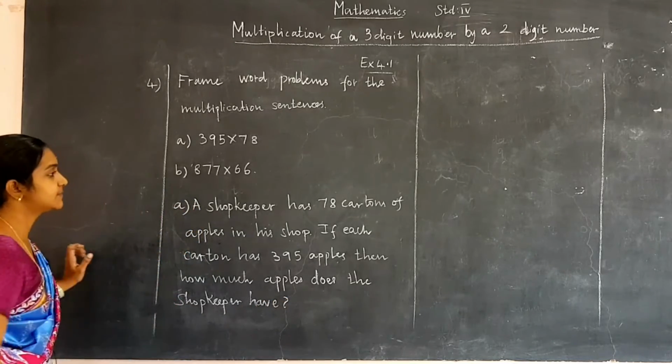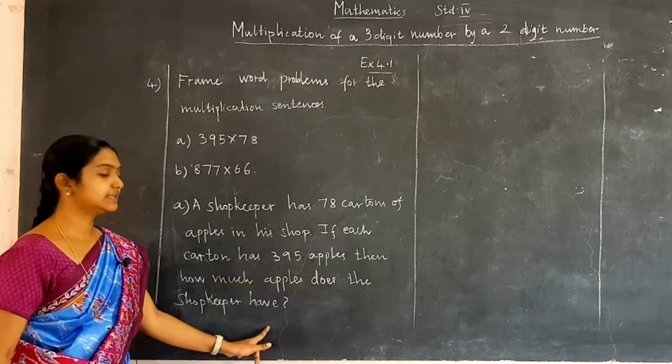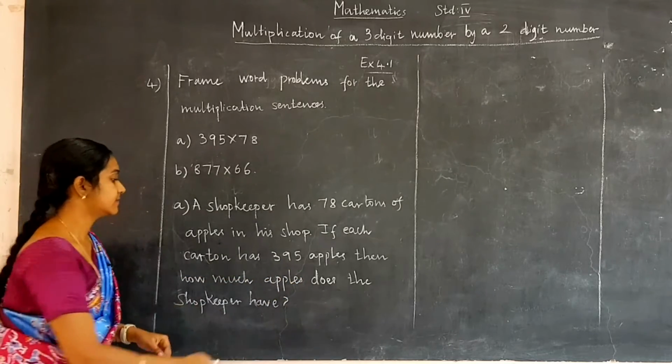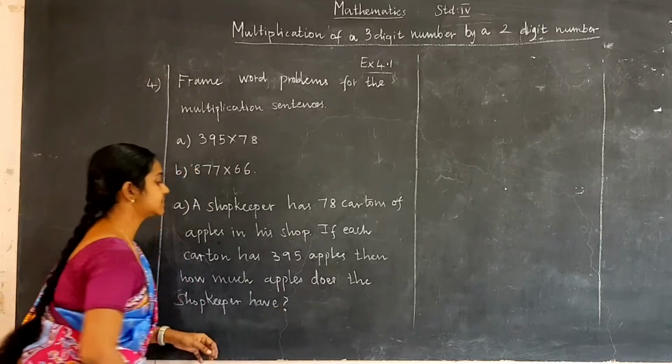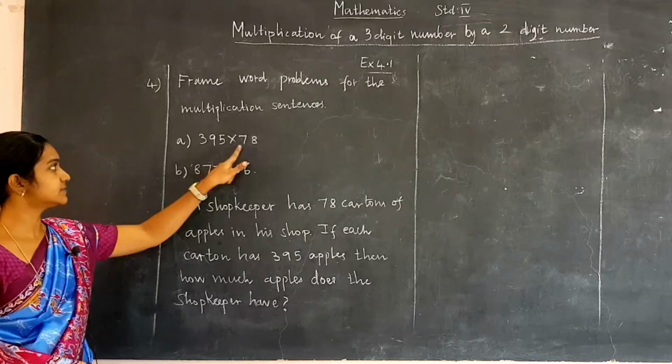So we have to multiply 78 and 395. Then we will get the answer. This is the word problem I have framed with 395 into 78.